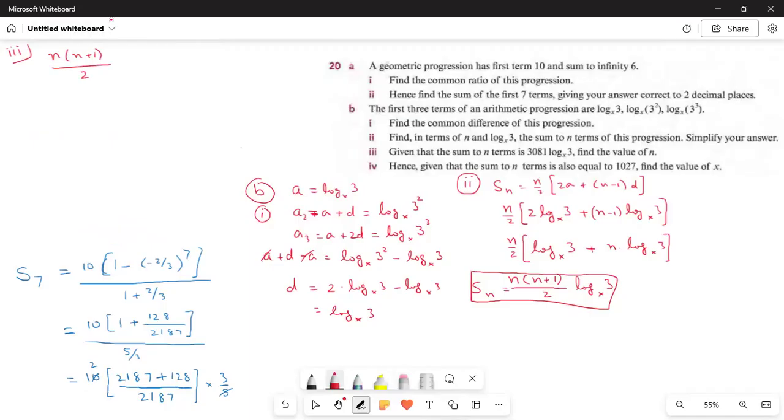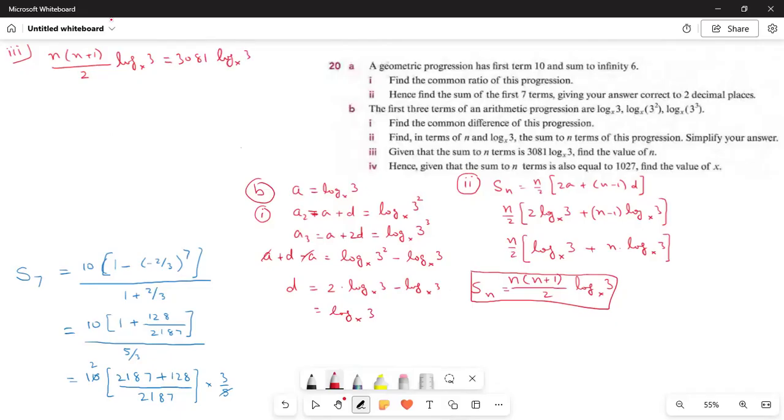Just one second, I want to confirm something. Yes, n plus 1, and into log x³. This whole thing is given as 3081 into log x³.